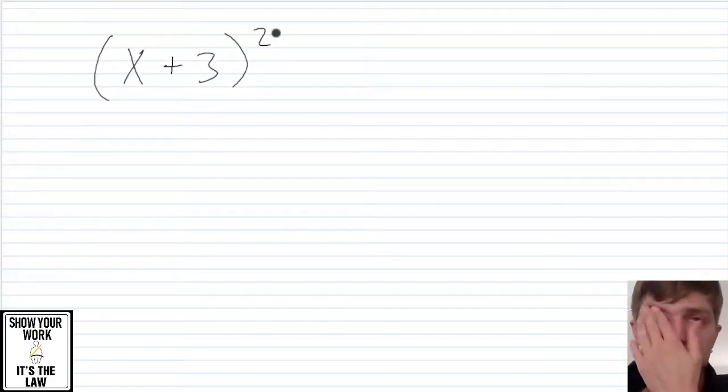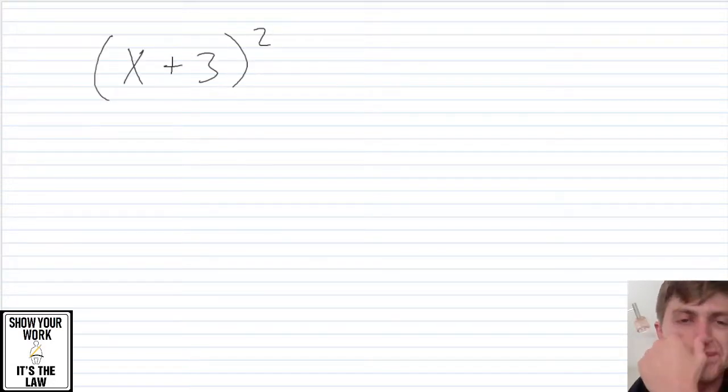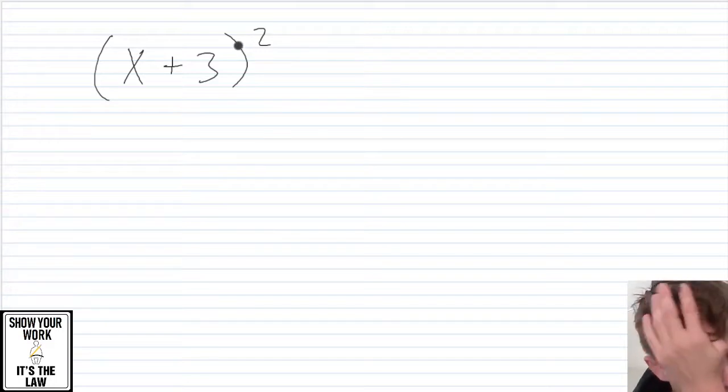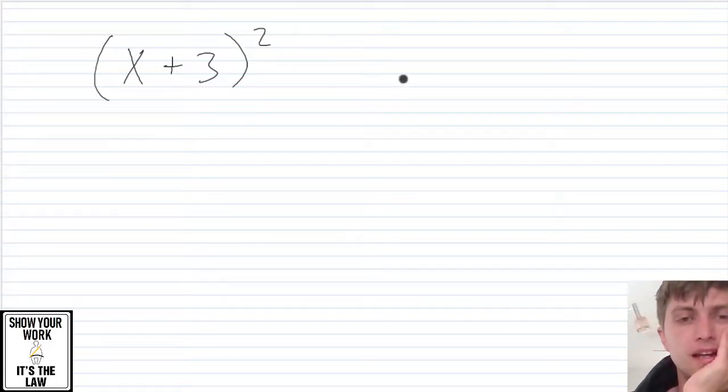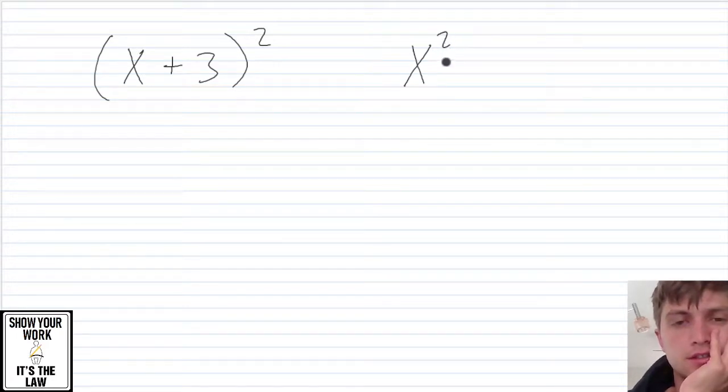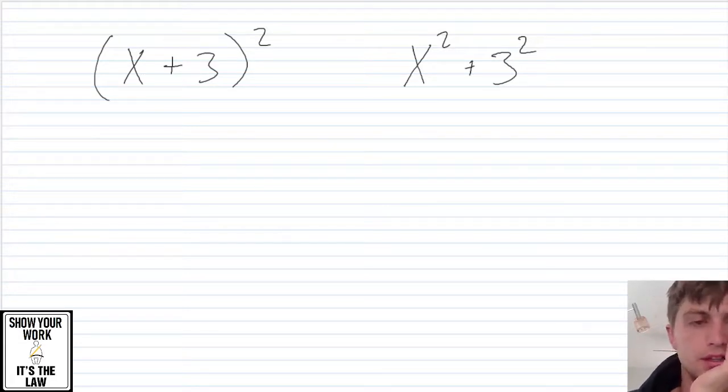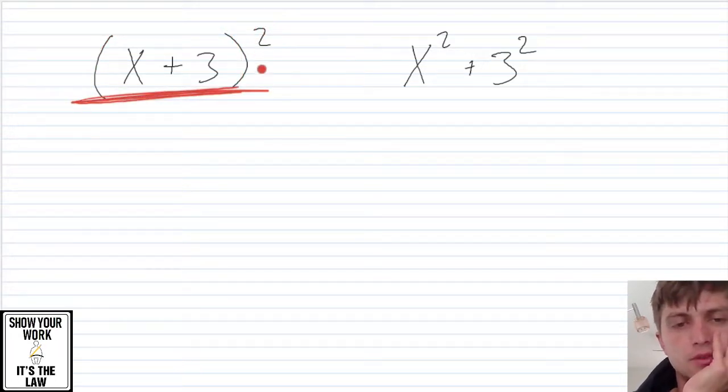Now let's say we have this polynomial raised to the power of 2. You might think this is just going to be x squared plus 3 squared, but it's not. Remember, the exponent out here means this multiplied by itself twice, so that's exactly what we're going to do.